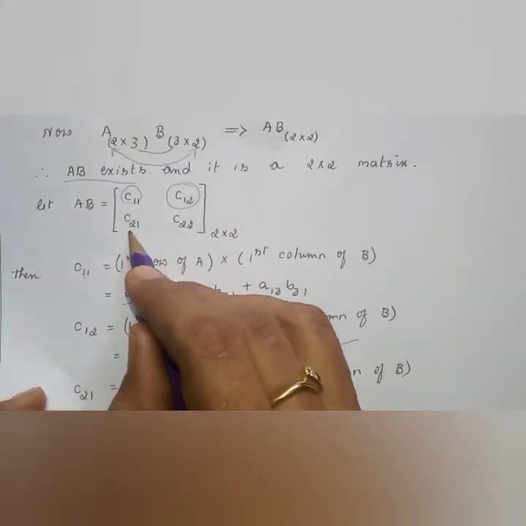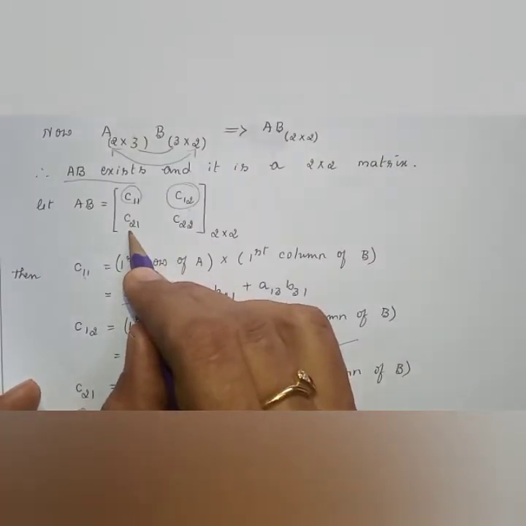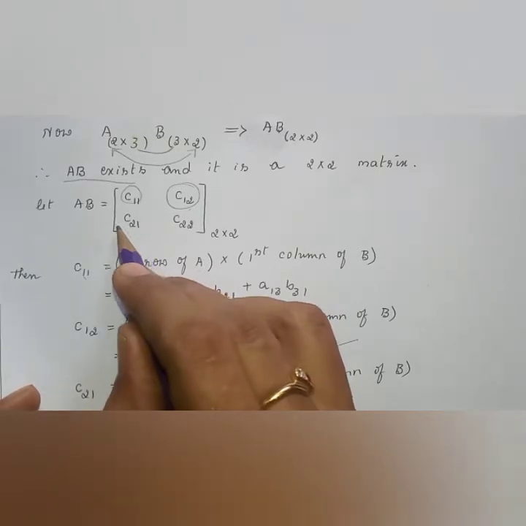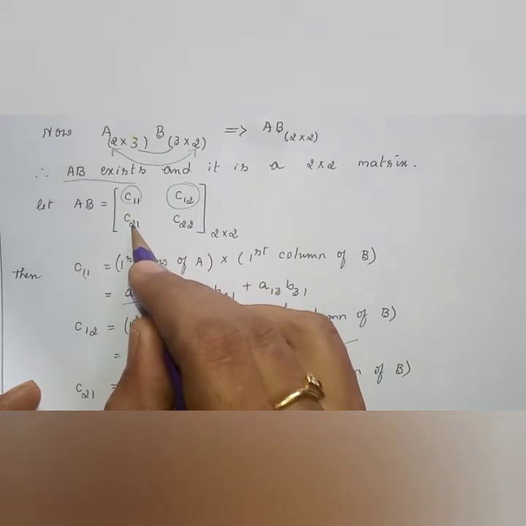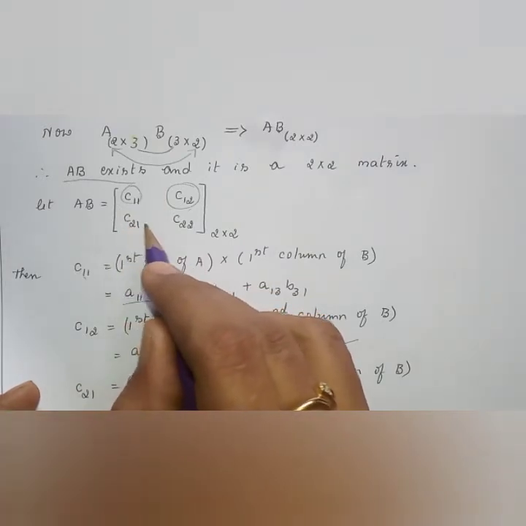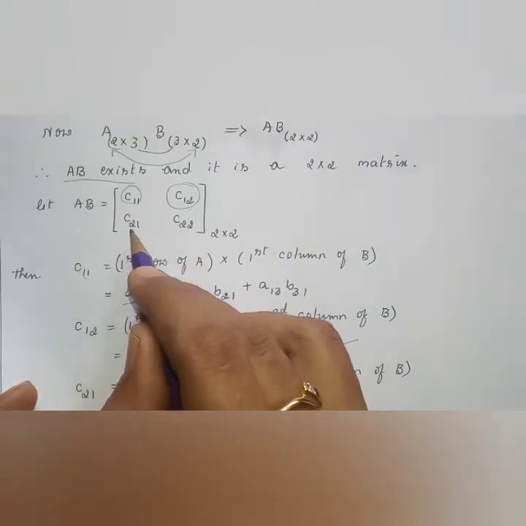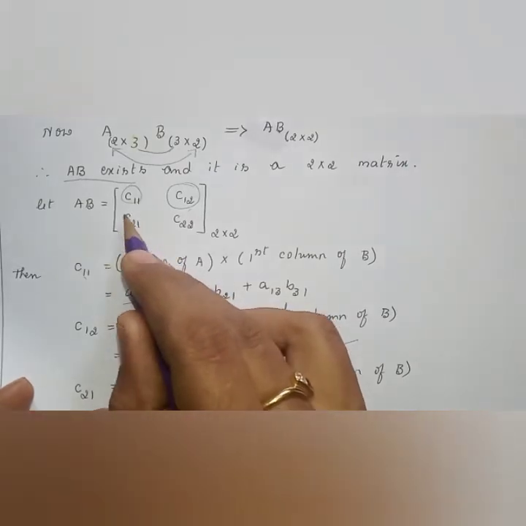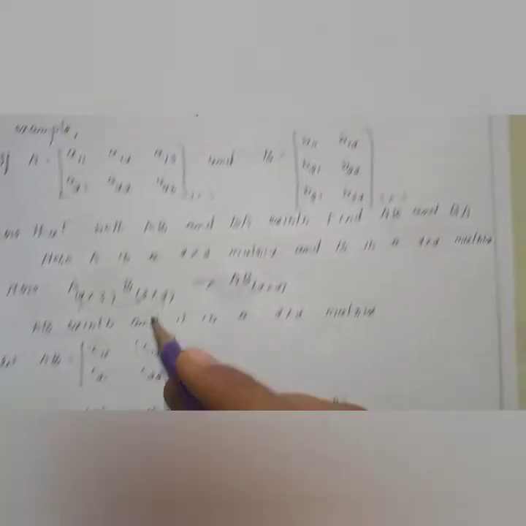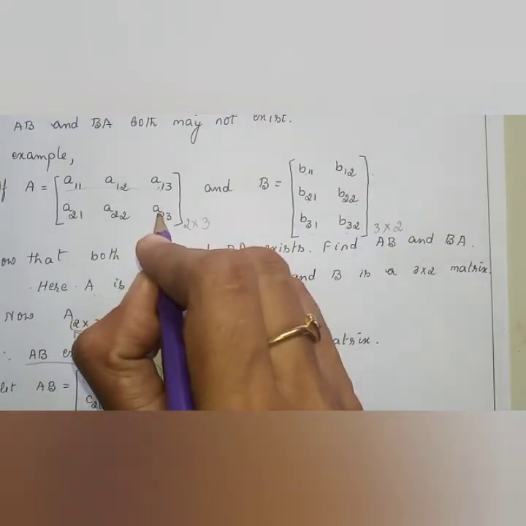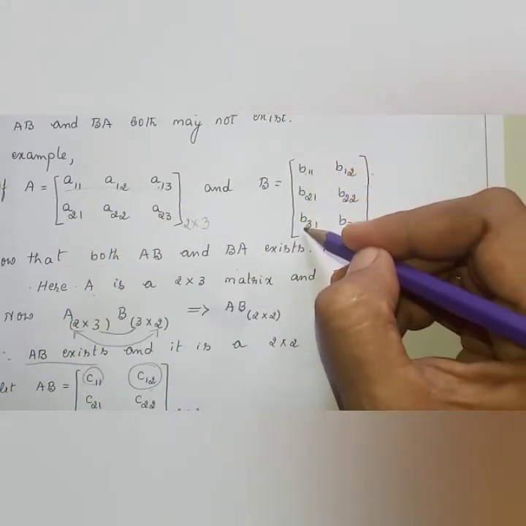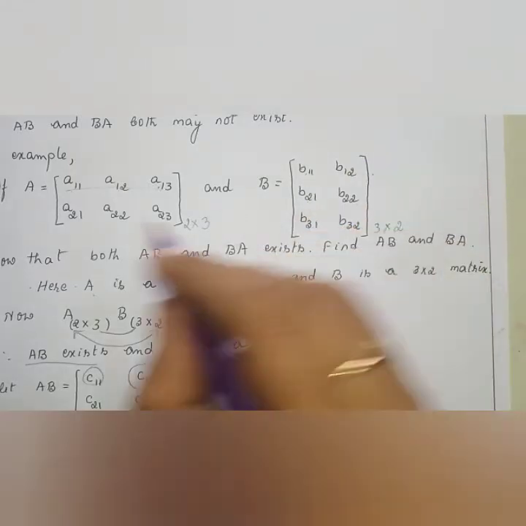Next, C21. That entry lies in second row, first column. That means to obtain the value here, we have to multiply the second row of A with the first column of B. Is it clear?